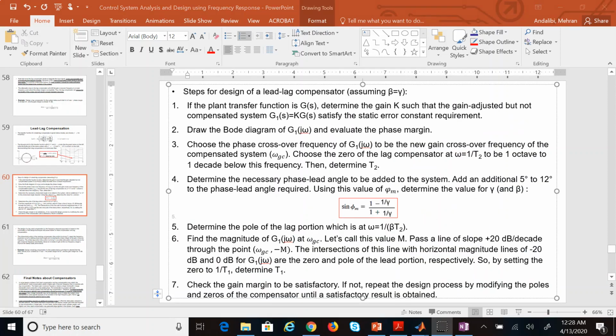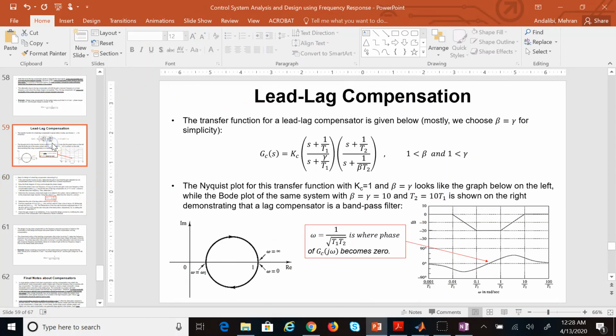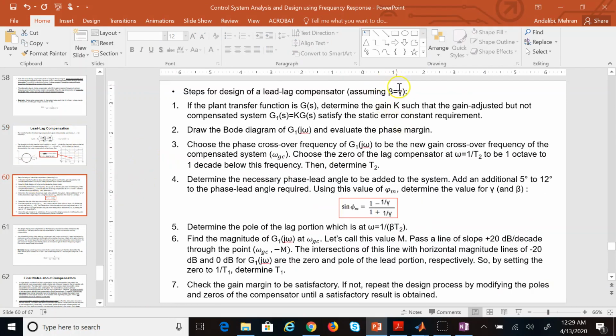Okay, now how do we design the lead lag compensator? Well, we have 5 parameters to choose: T1, T2, Kc, gamma, and beta. And here, for simplicity, we assume beta is equal to gamma, so we reduce them down to 4 parameters. In your textbook, this procedure is not exactly and explicitly mentioned.